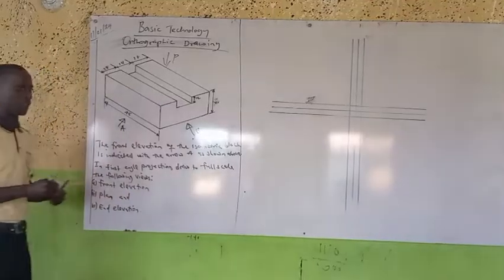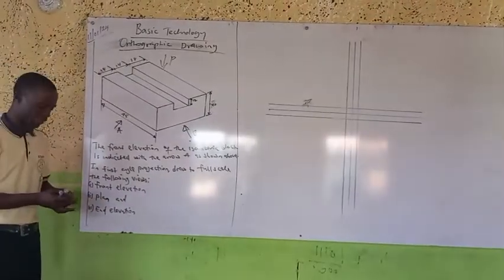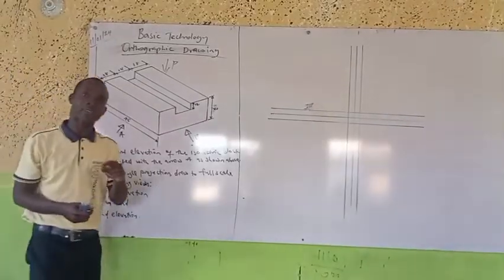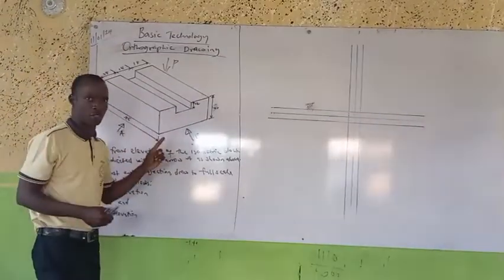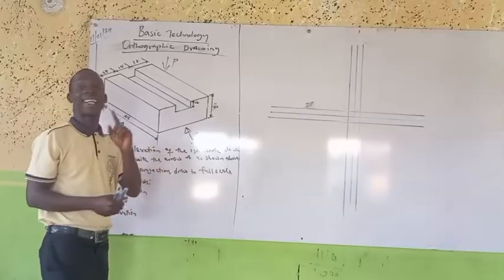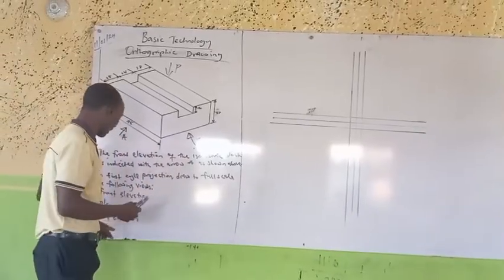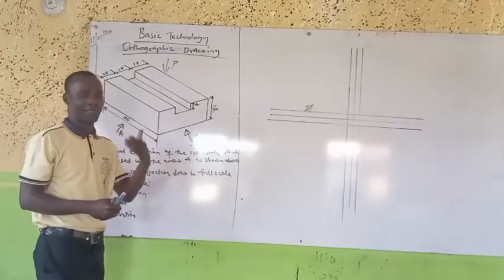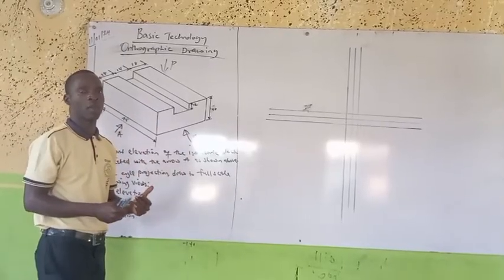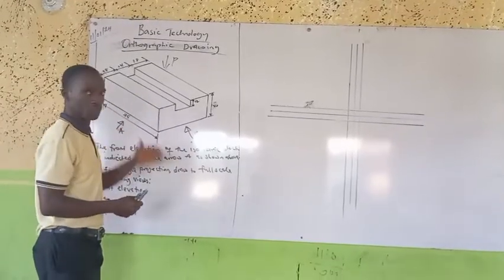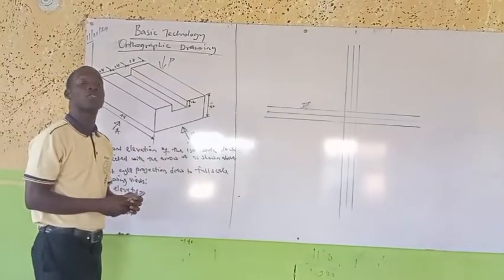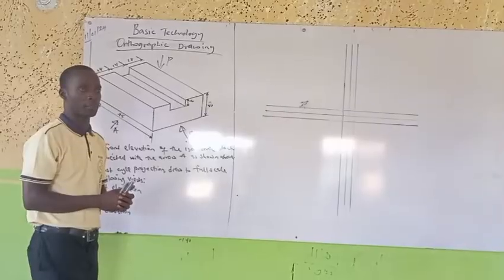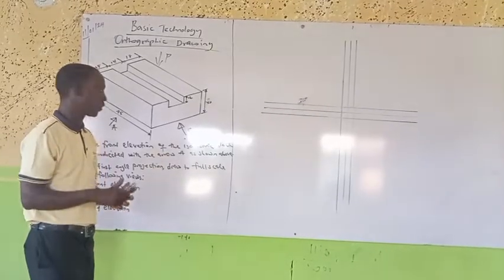Remember that we said that the front elevation and the side elevation, which is also referred to as the end elevation in this question, are always viewed from the vertical plane, while the plan view is always viewed from the horizontal plane.